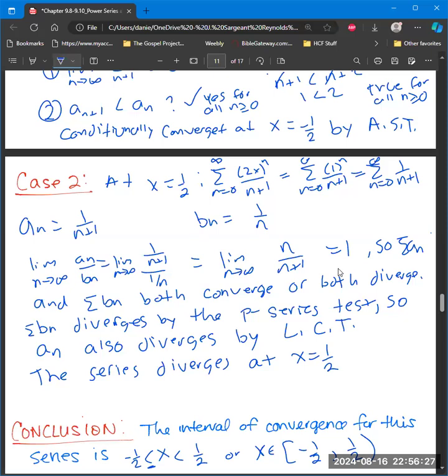So the summation of an and the summation of bn both converge or both diverge. Summation of bn diverges by the p-series test because p equals 1. So summation an also diverges by the limit comparison test. So this series diverges at x equals 1/2.